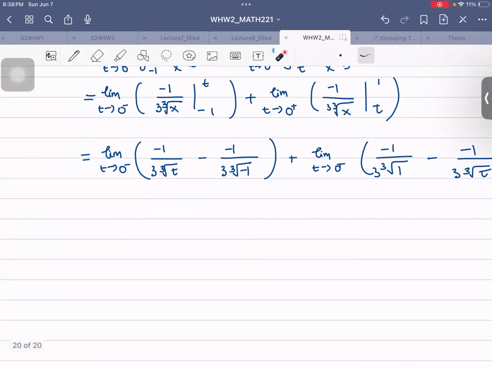So when you let t tend to 0, you have negative 1 divided by something like 0, right?